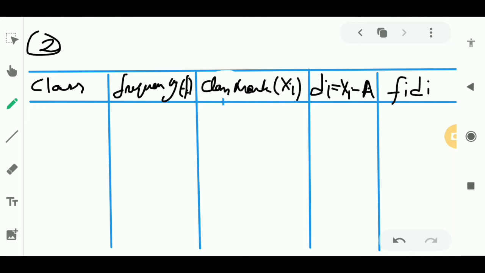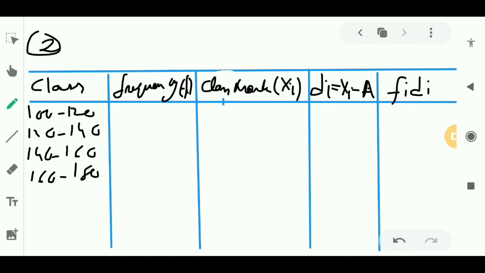So at first I am going to write the class which is already given, 100 to 120, then 120 to 140, then 140 to 160, 160 to 180, and 180 to 200. And frequencies are given 12, 14, 8, 6, 10.